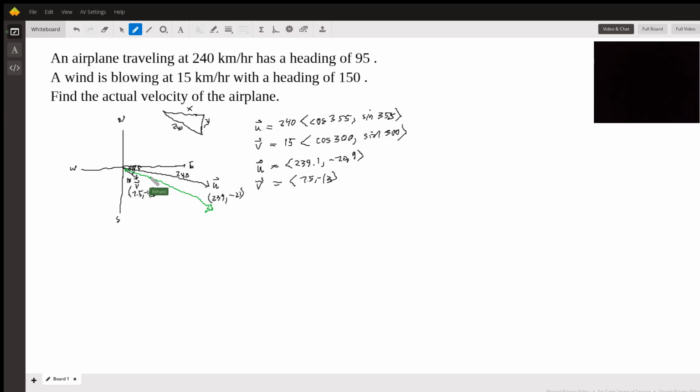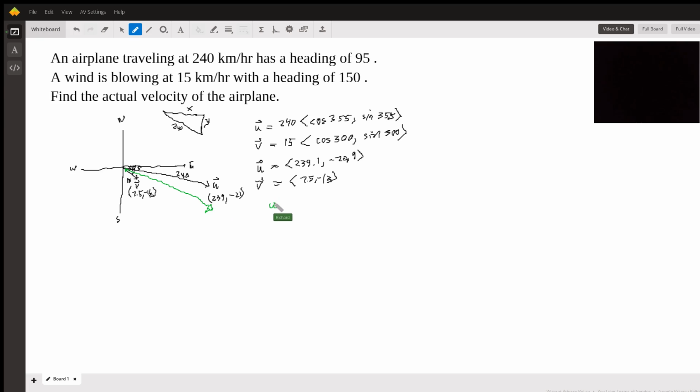And because the wind is blowing more southerly, you would expect this negative 21 to be pulled down. So you would expect the direction to be a little more southerly, and you would expect the speed or magnitude or length of the resultant vector to be somewhat larger. So we're going to find that now.